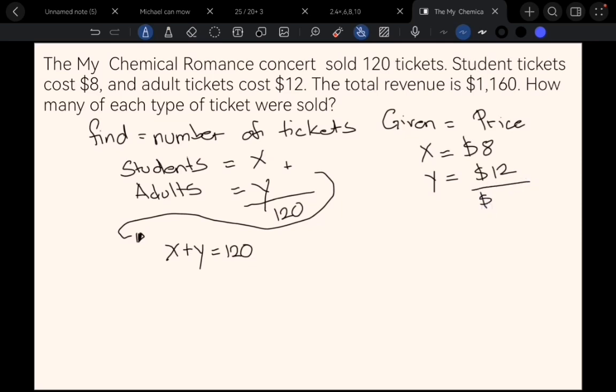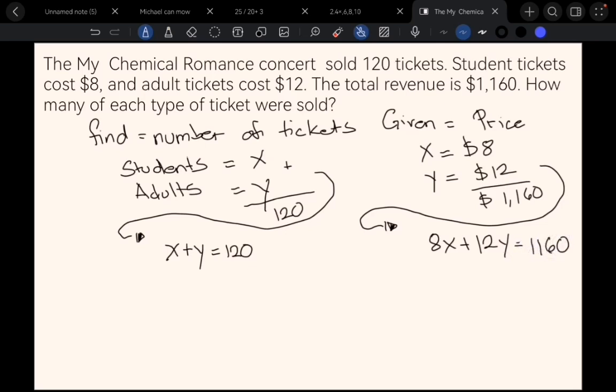And if we add both of those prices multiplied by the number of tickets, that would be equivalent to $1,160. So we have another equation, equation number 2. That's 8x plus $12 times the number of adults equals $1,160.